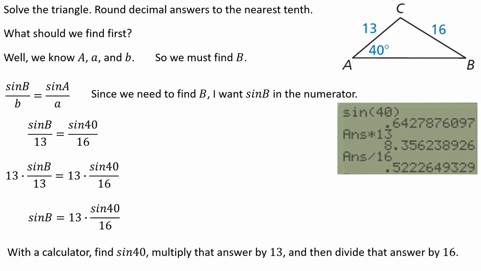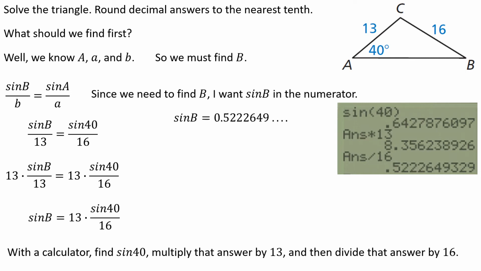All right, so here comes my calculator. Find the sine of 40 degrees, multiply that by 13, divide that by 16. And so now I know that sine of B is approximately 0.5222, and then a bunch more decimals.